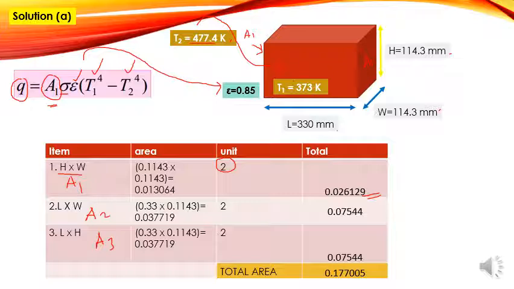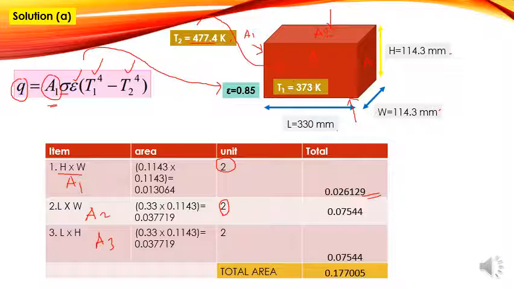For length times width, that is at this area, A2. Don't forget that we also have A2 at the bottom, so we have 2 units of A2, at the top and at the bottom. That's why I multiply it by 2. The last one is length times height, which is here, A3.